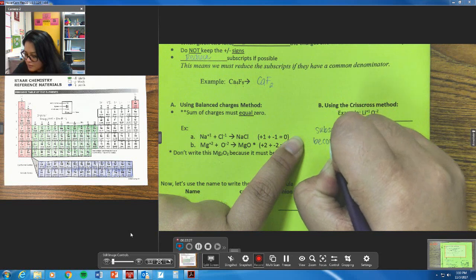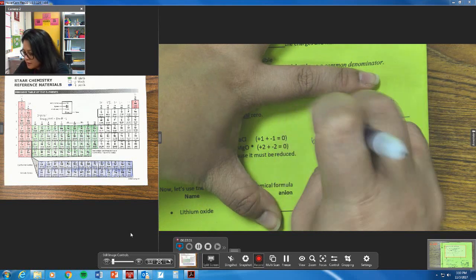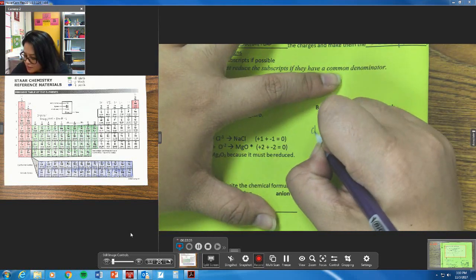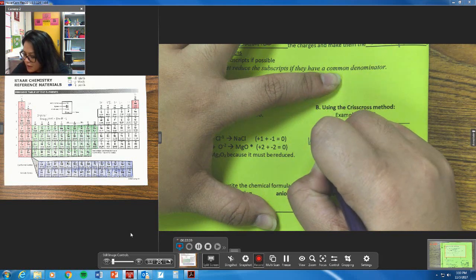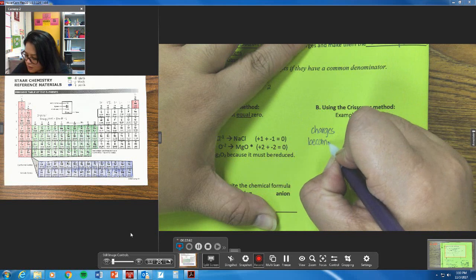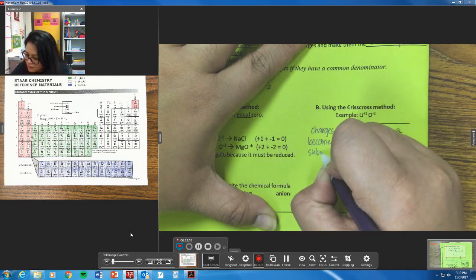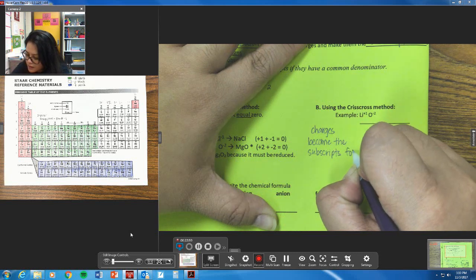Your charges become the subscripts for the opposite element.